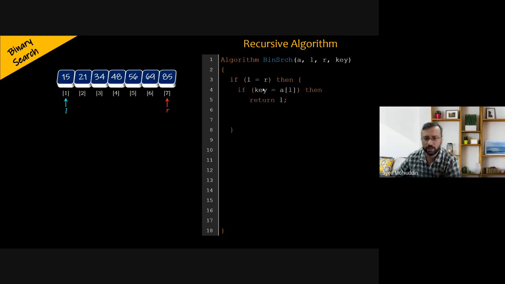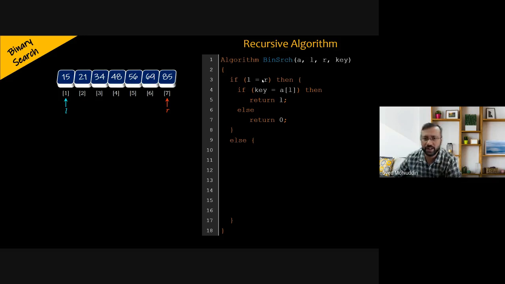When the problem is small, we check if key is equal to A of L. It can be A of L or A of R also, because they both are equal. If it is true, we return the L index or we can also return the R index. If it is not true, that means the element is not found. So this part of the if block is when there is only one element in the array.